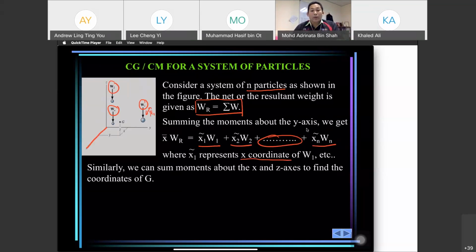Similarly, we can sum moments about the x and z axes to find the coordinates of G. So we sum up for y bar and z bar.